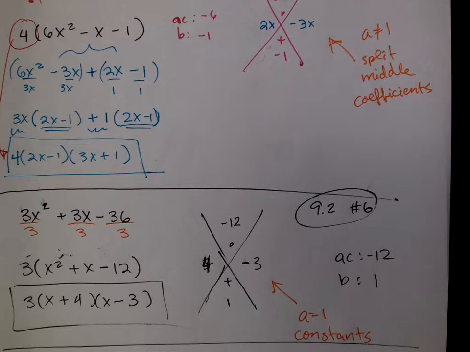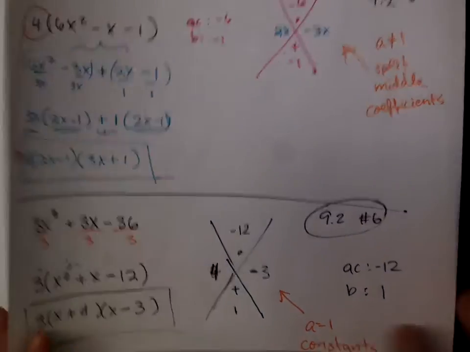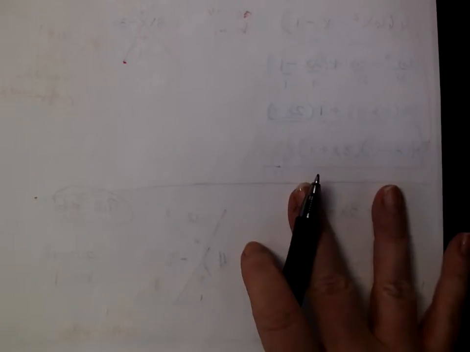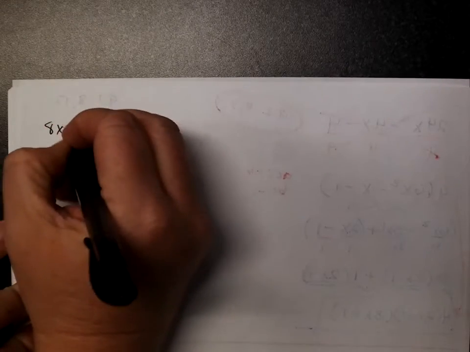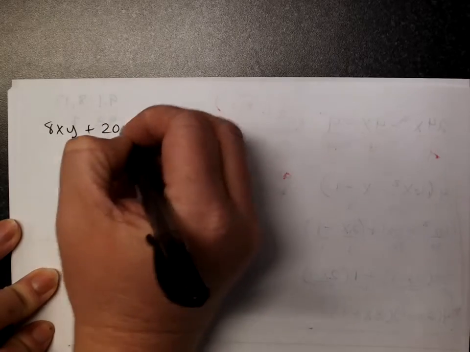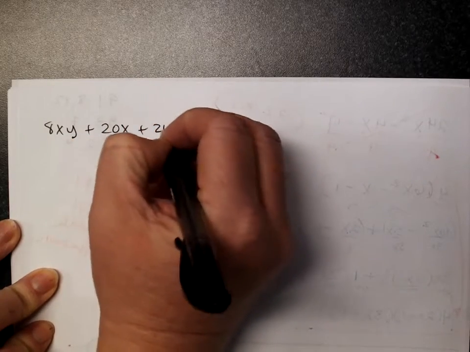So we had a request from 9-1. Is it number 8-12? So 8xy plus 20x plus 2y plus 5.